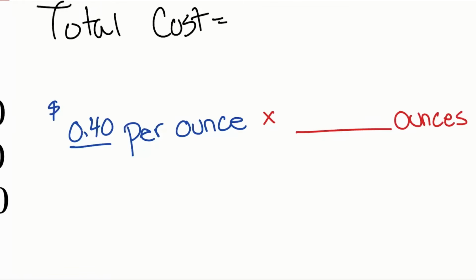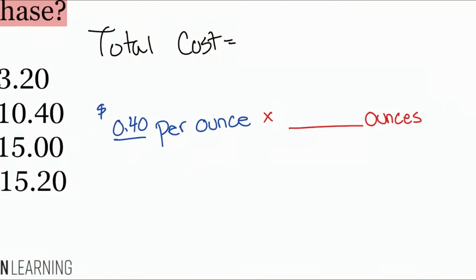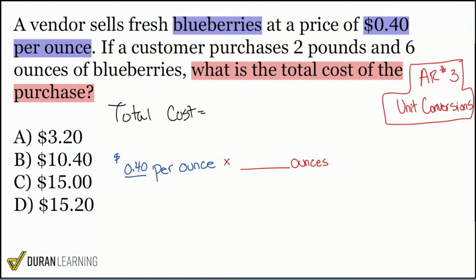That's all you need to know. Well, obviously the conversion, you need that too, but we'll talk about that in a moment. But everybody, before I continue, does it make sense that if we want the total cost of the blueberries and it says 40 cents per ounce, we need to multiply this by whatever number of ounces we have? Awesome.